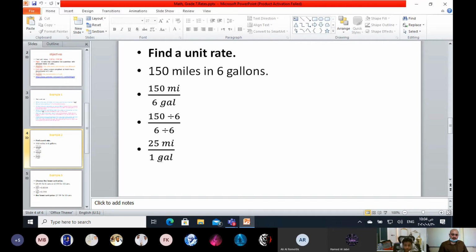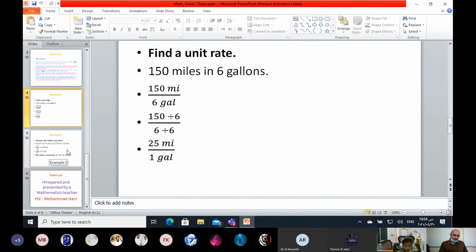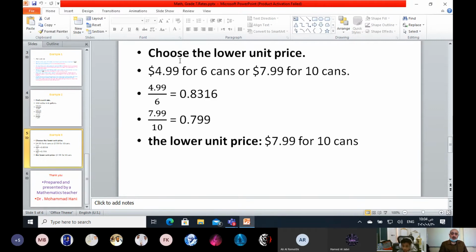The third example now. When we want to compare between two things, choose the lower unit price. The question here: we have $4.99 for 6 cans, or $7.99 for 10 cans.